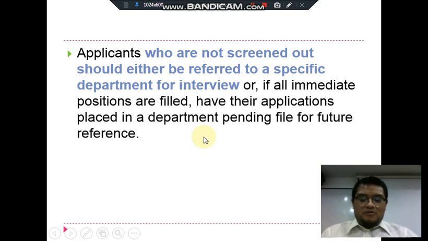So if they are qualified, they will be referred to the department to be called for interview if the executive housekeeper agrees, or if there is no position vacant, this will be put in the pending file. Pending file means KIV, keep in view. I think you know the word KIV, right? Keep in view. So they will not be screened out, but they will be put in the KIV file or pending file.